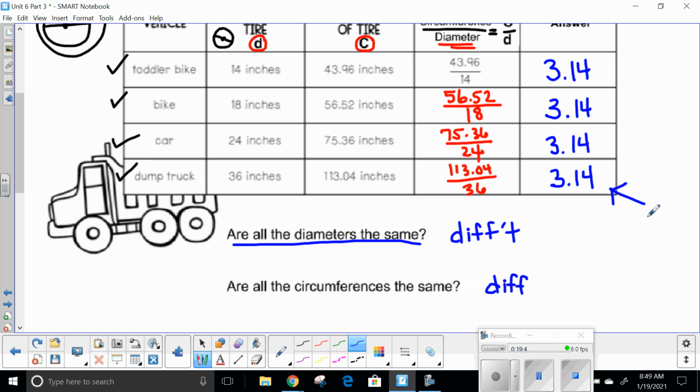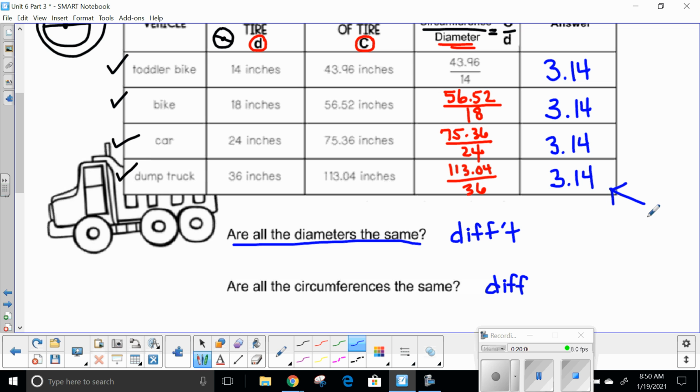That's just a fancy way of saying circumference divided by diameter. Always. And you have to remember that. You will see that question on this test. I promise you. It happens every year. You need to know that.